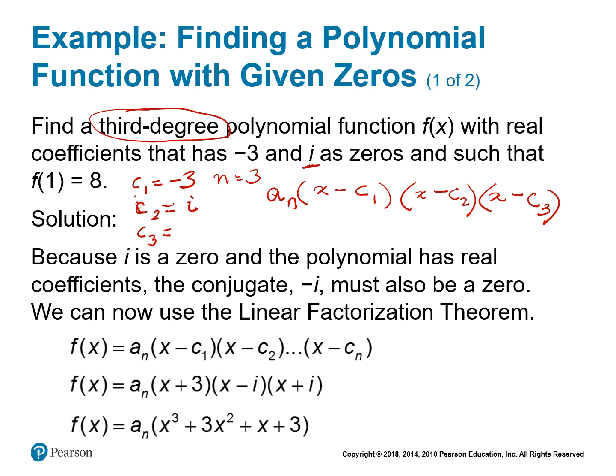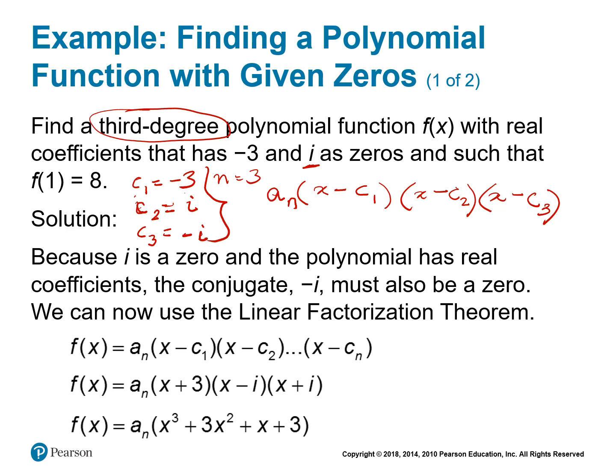So if we have i, then its conjugate is negative i. So now we applied that theorem, basically, that if we have an imaginary root, then its conjugate will also be one of the roots of the polynomial. So we have got -3, we got i, and negative i, which is a conjugate of i.